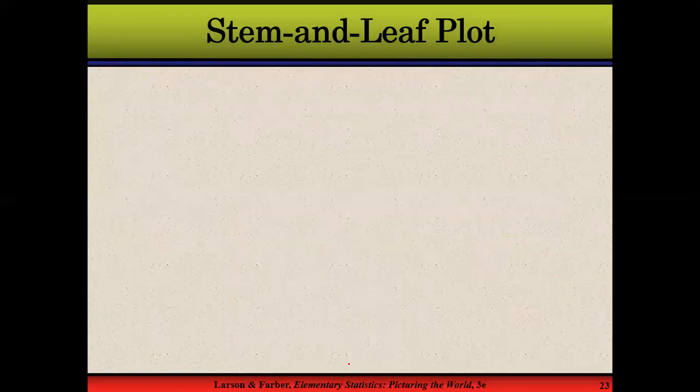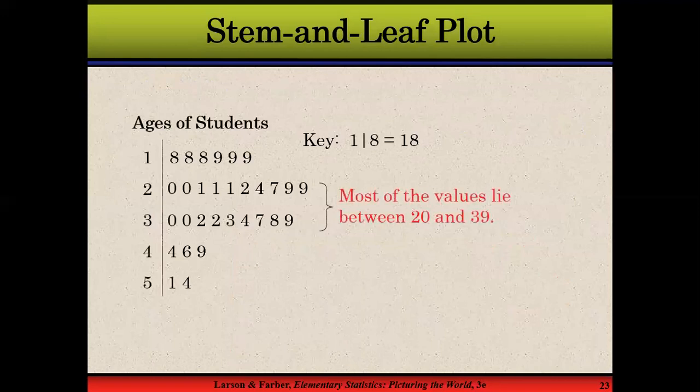So these are the stems 1, 2, 3, 4, and 5. For example, if these values are 32, 49, and 51, we strike down the value from the data set and then write the leaf in front of the stem.